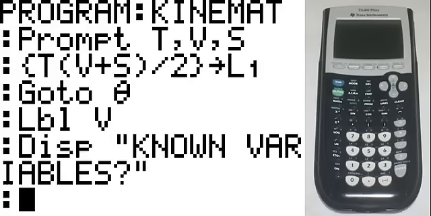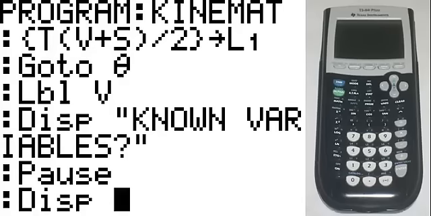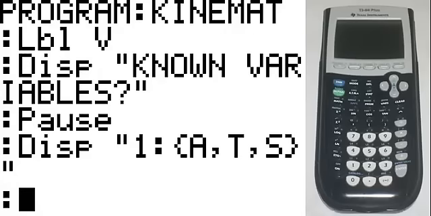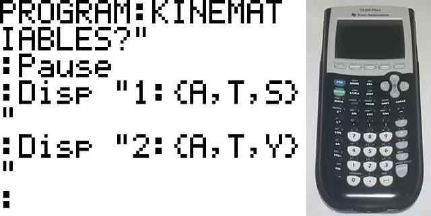And then next line, pause, and then display in quotations "1: (a, t, s)". Display in quotations "2: (a, t, y)".